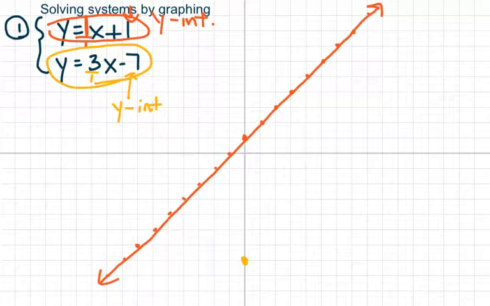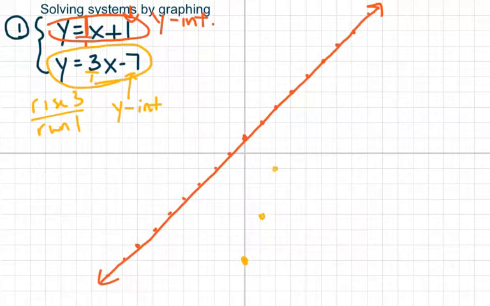We want it as a fraction, 3 over 1. That tells me I rise 3 and I run 1. So I'm going to go up 3 and right 1, and I'm going to continue that pattern throughout the whole grid. That gives me enough points to graph.